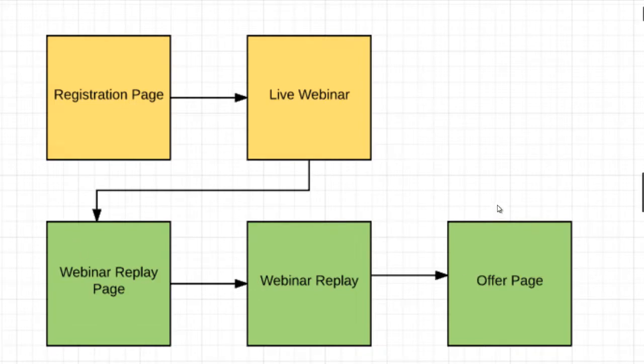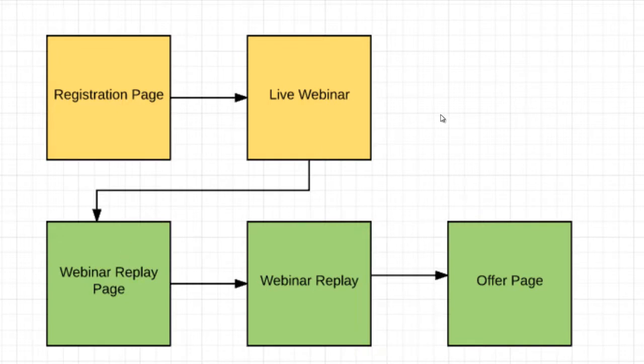So the green part here is the webinar replay page. You're going to upload your webinar to YouTube or Vimeo, and place it on a page. This registration page is going to turn into a webinar replay page.